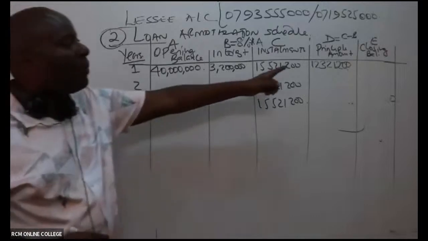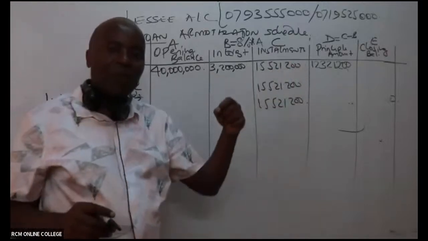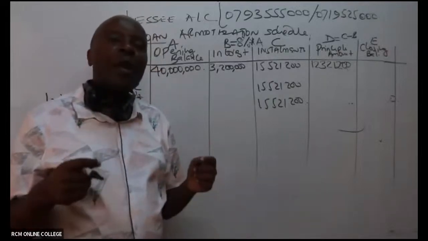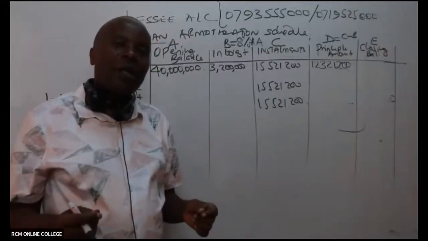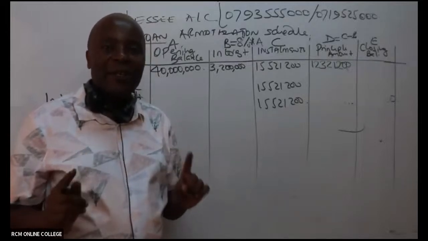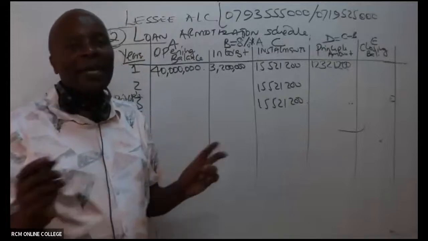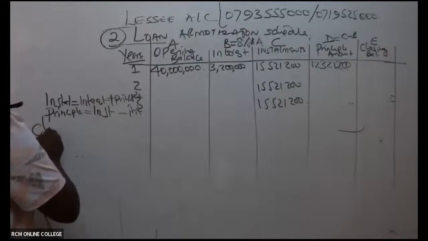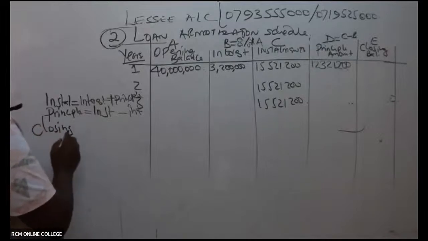Then what do you think am I going to do to get closing balance? I know whenever I take a loan, the closing balance can only be ascertained by taking opening minus principal. Your loan can only reduce by the principal amount.